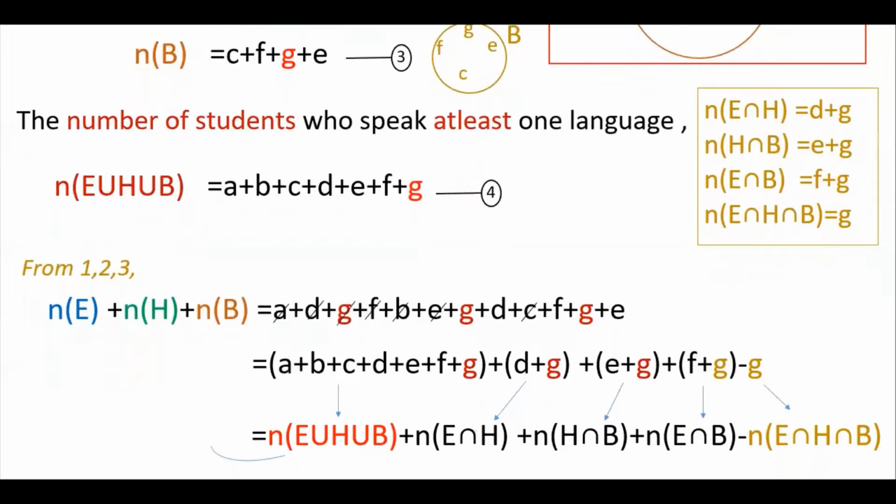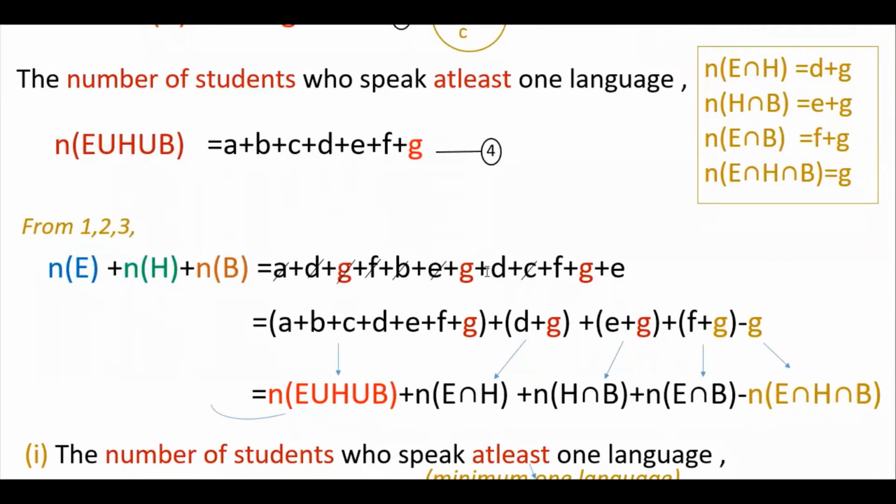From this, you write separately A plus B plus C plus D plus E plus F plus G, because the fourth one is this one, and that is N of E union H union B. And here the remaining are D plus G, because we know that N of E intersection H is D plus G. So write this separately, and also E plus G, and here there is only F. So add G and subtract G, so plus G minus G.